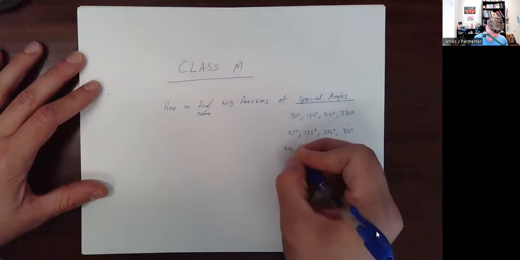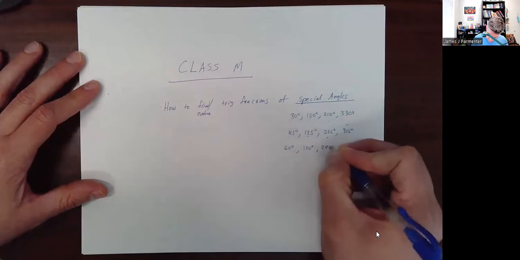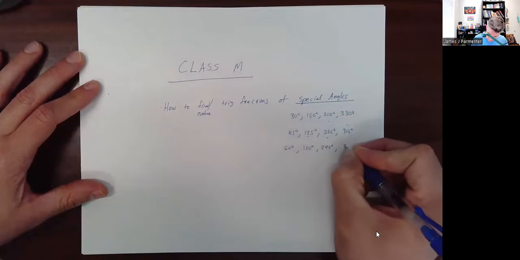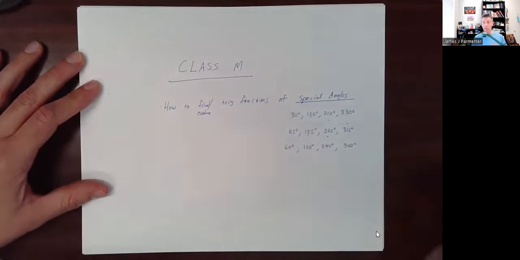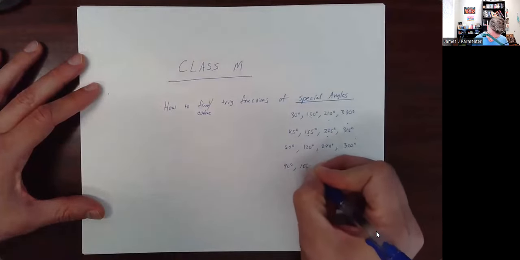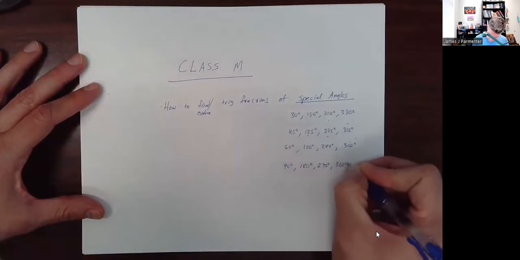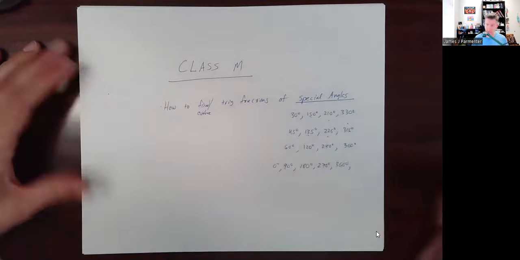And then 60, 180 minus 60, 180 plus 60, 360 minus 60. And then, of course, the quadrantal angles: 90, 180, 270, 360, 0 degrees.